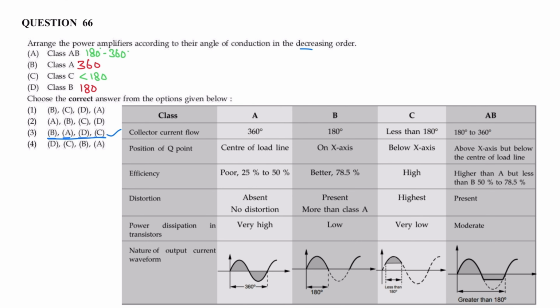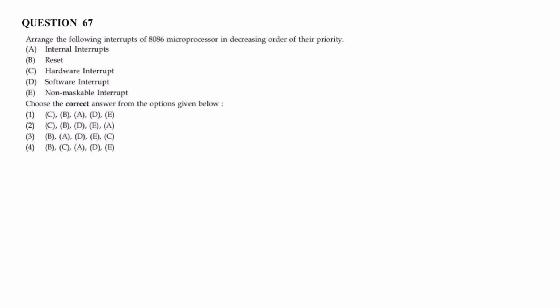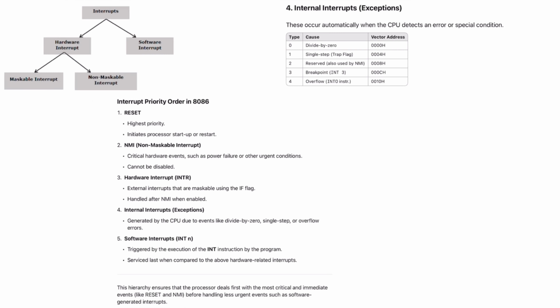Next question. Arrange the following interrupts of the 8086 microprocessor in decreasing order of priority. The interrupts of the 8086 microprocessor are divided into two basic categories: hardware interrupts and software interrupts. Hardware interrupts are of maskable interrupts and non-maskable interrupts.